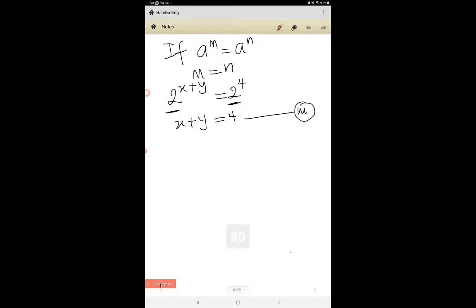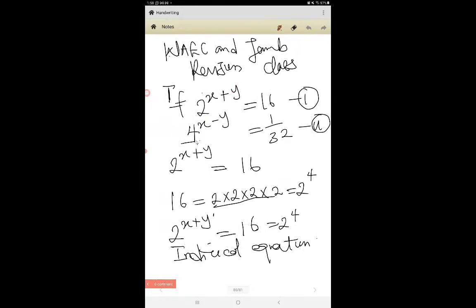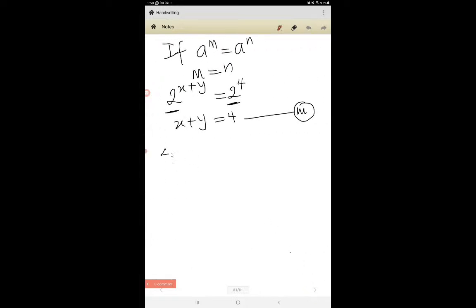You now go back to the equation given to us, which is equation 2. It said 4 raised to power x minus y is equal to 1 over 32. The first thing you need to know here is that 32, you firstly find the factor.